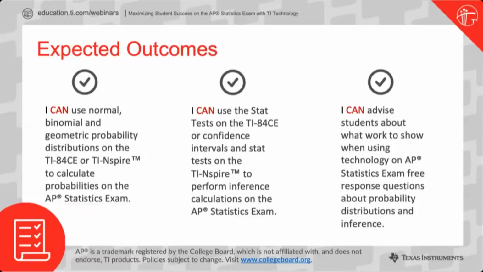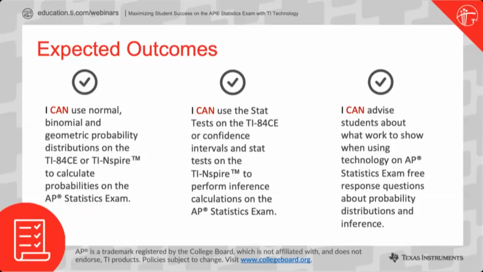Darren is going to discuss our expected outcomes. So there are three outcomes for the session today. First, that you can use normal, binomial, and geometric probability distributions on the TI-84 or the TI-Nspire to calculate probabilities on the AP statistics exam. Hopefully that also means your students can.